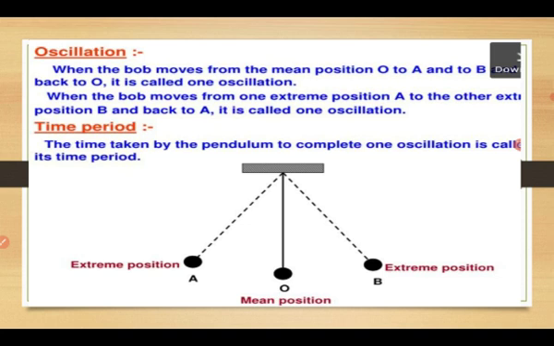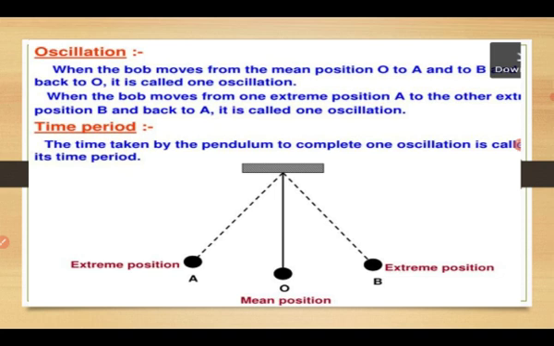The time taken by the pendulum bob to make one complete oscillation is called the time period. It means the movement of the bob from A to O, B, again B to O and back to A.